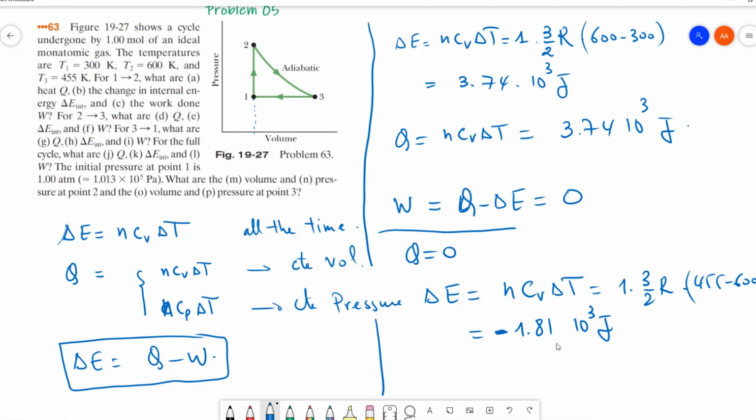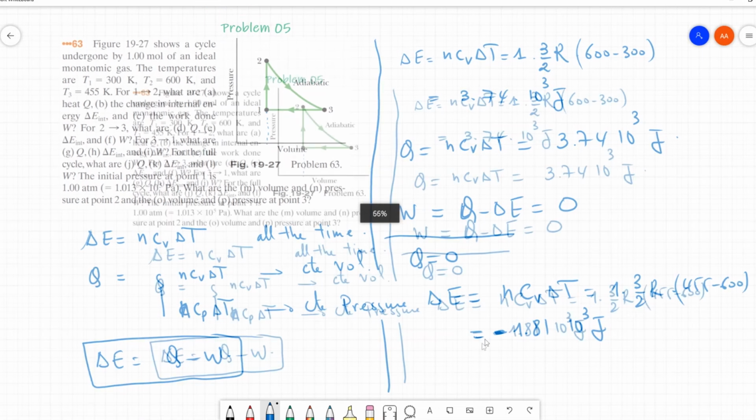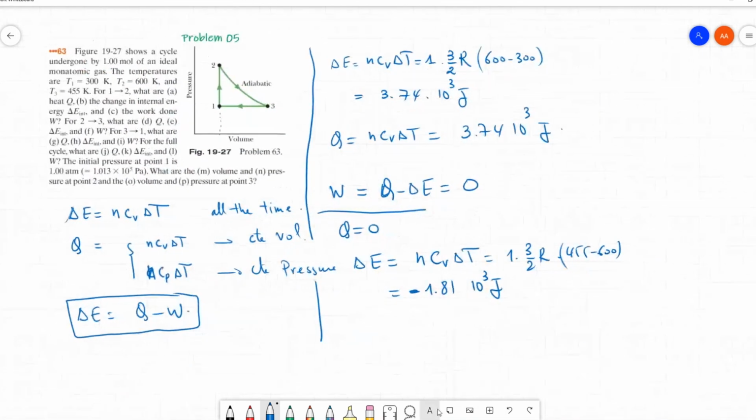Great. Now we go to the last process, from 3 to 1. They want the same thing. From 3 to 1, how do we call this process?